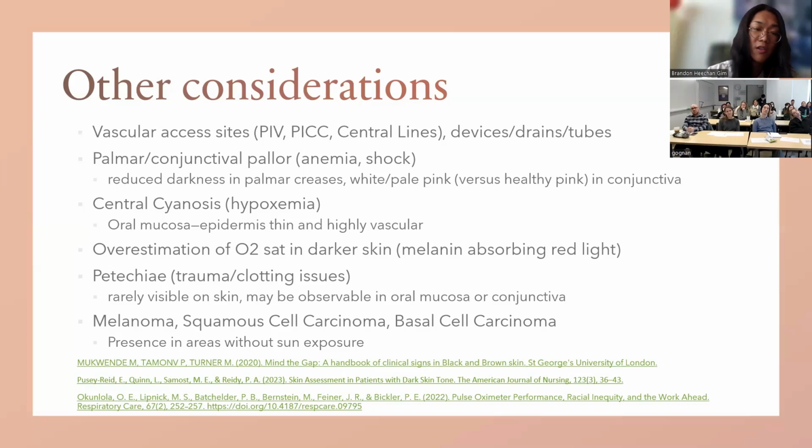Let's see, other things: petechiae can be caused by trauma or clotting issues. Not really visible on folks with darker skin, but maybe observable in oral mucosa or conjunctiva. And then lastly, skin cancers are present for folks who have darker skin, but they may be present in areas without UV exposure, like armpits or other places that don't see the sun, like your butt.